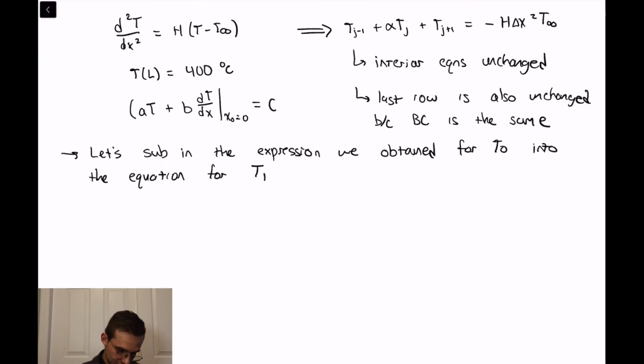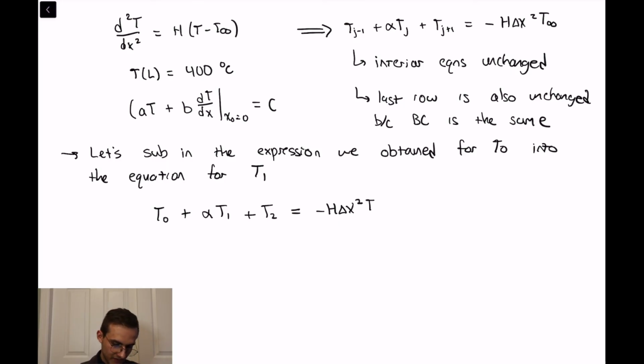And that equation, to remind you, was T naught plus alpha T1 plus T2 is equal to minus h delta x squared T infinity.